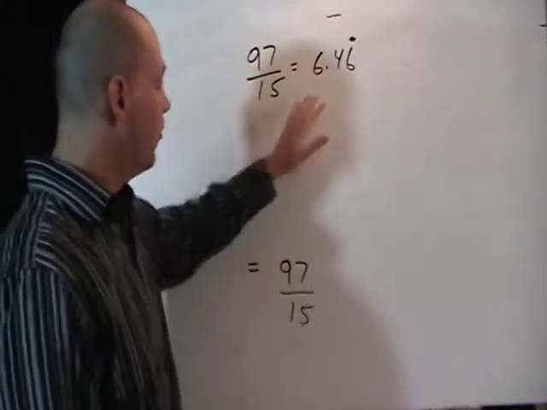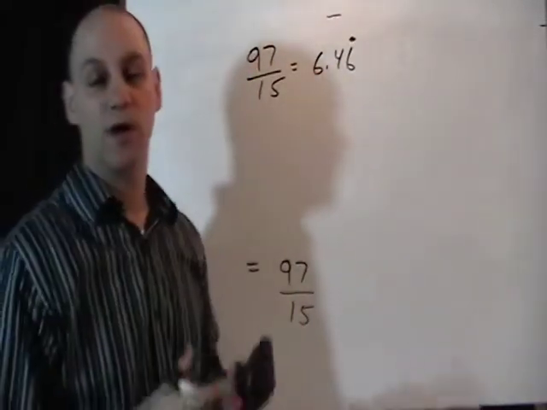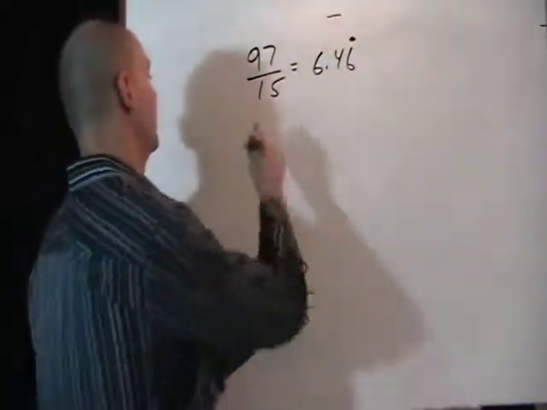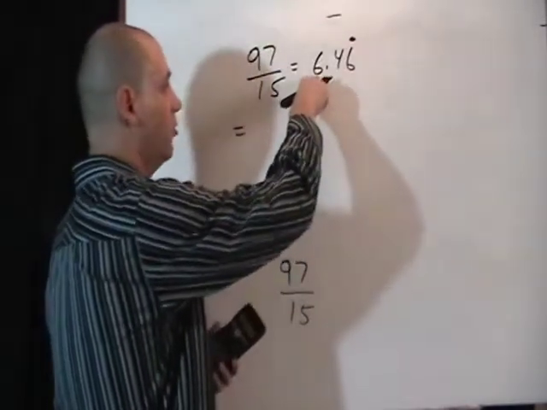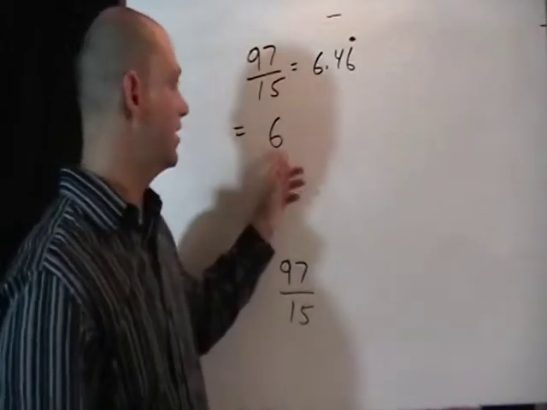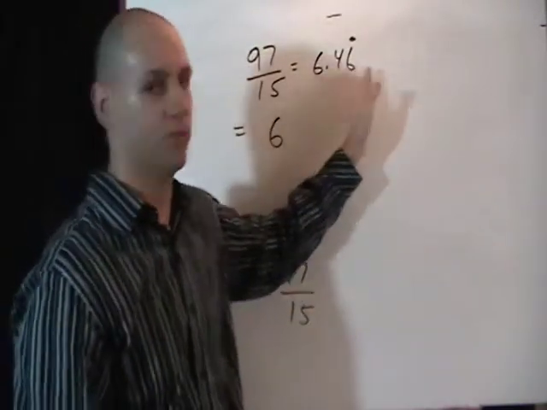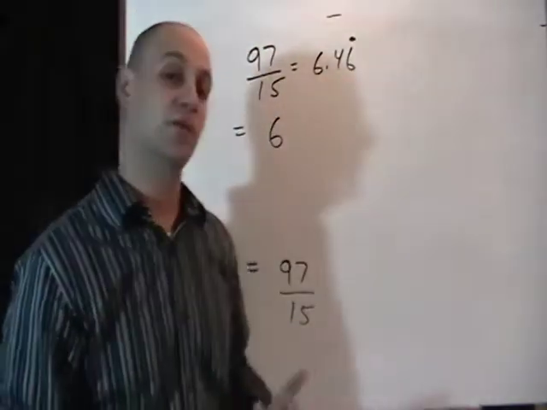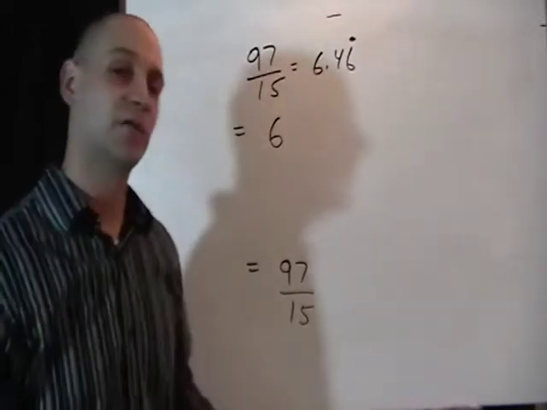Okay, so now we're going to use that to help us figure out how can we make this into a mixed number again. Well, we're going to take this whole number here, 6, and so we know the answer is going to be 6 and something, and the something is the 0.466 repeating. So we need to convert that into a fraction. How are we going to do that?